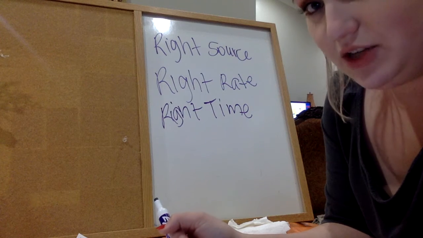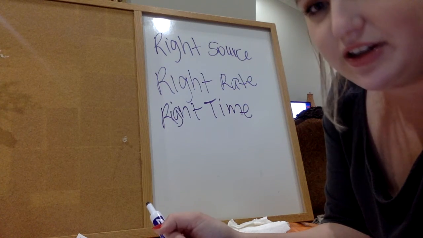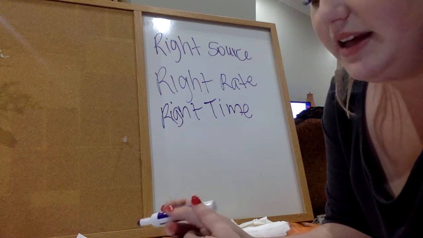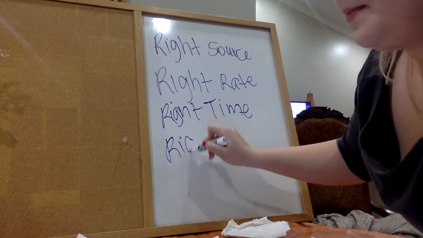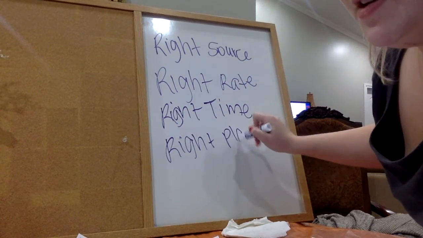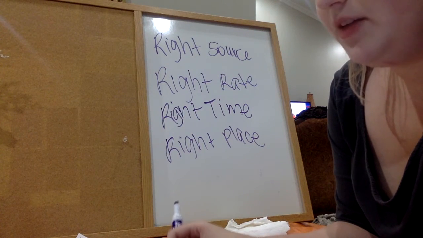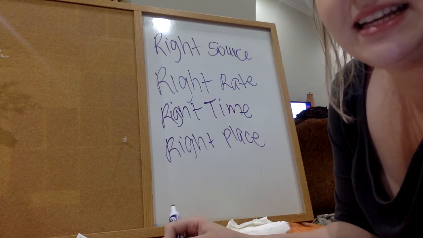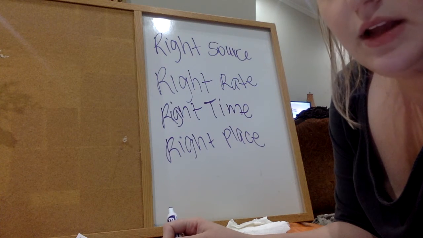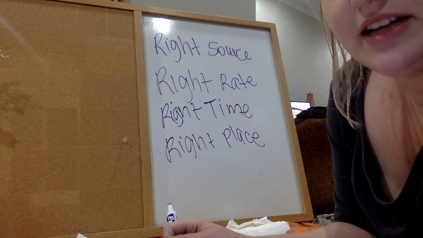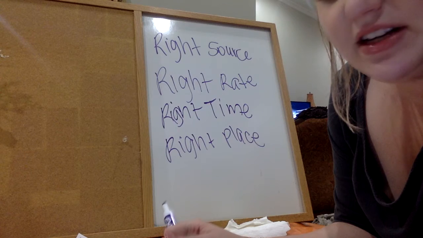The last one to keep in mind when applying fertilizer to your crop is the right place. Farmers must make sure that nutrients are applied where the plant roots can most easily access them. Careful application limits the loss of the nutrients.